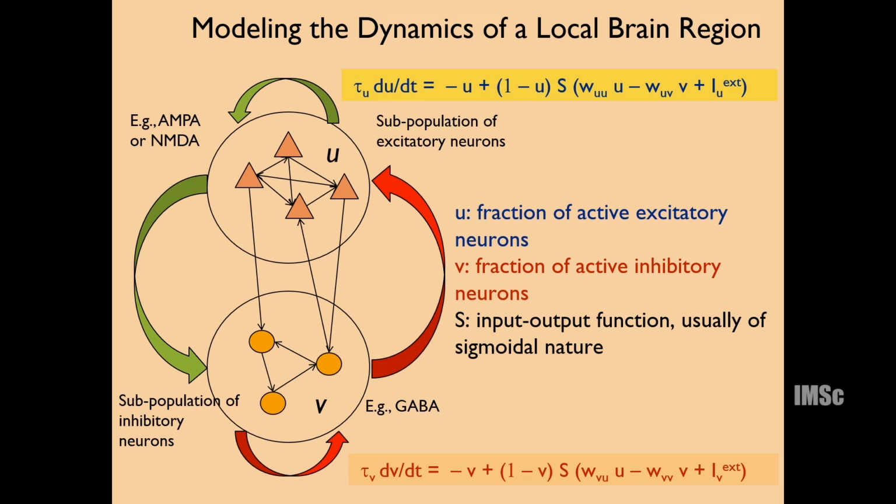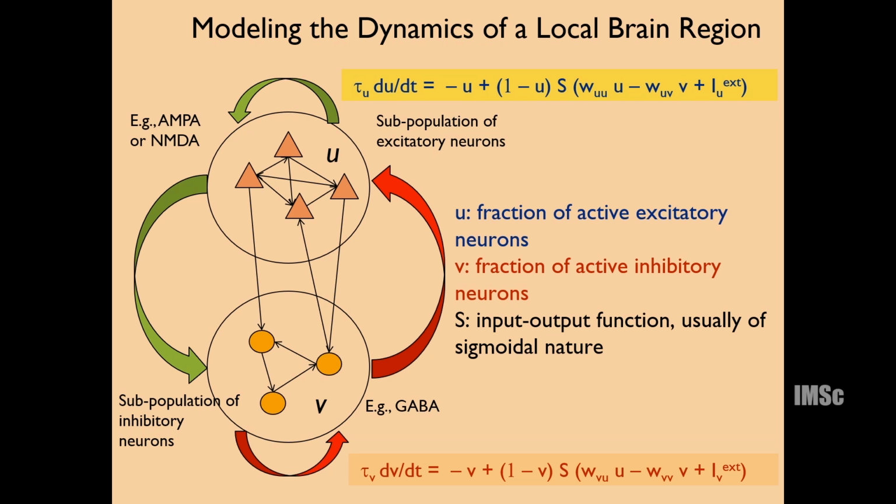At some intermediate values there will be almost a linear dependence, and then at very high values it will have to saturate. Why? Because the maximal fraction you can excite is 1 minus u, so at max this can only be 1. Its minimum value is 0, max value is 1, so it has to be bounded at both 0 and 1. So the possibilities are it could be a hyperbolic function or it could be a sigmoidal function. Usually people take it as a sigmoidal function.